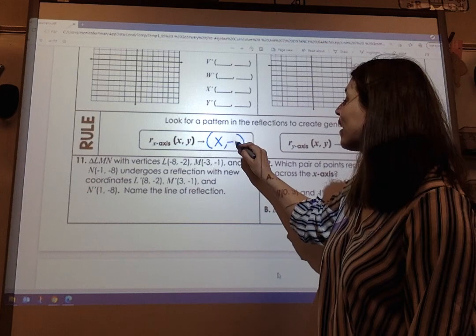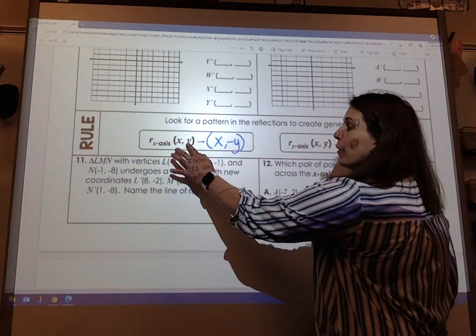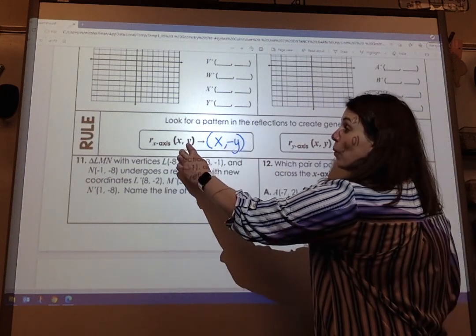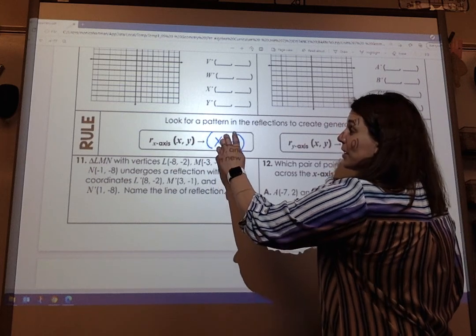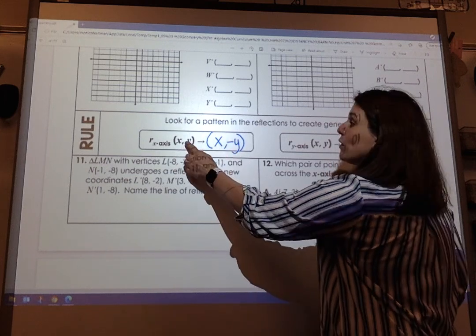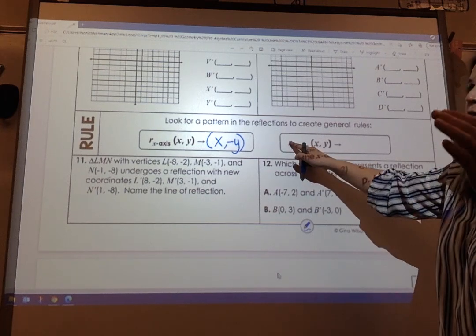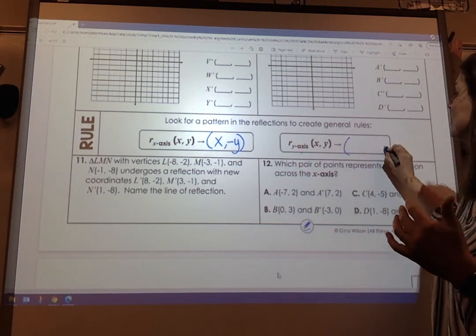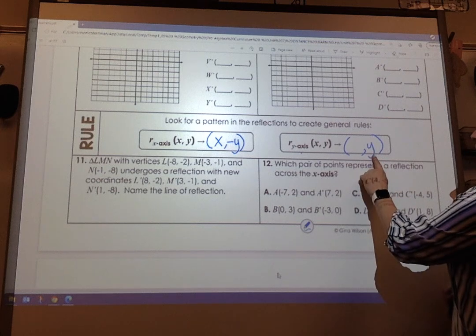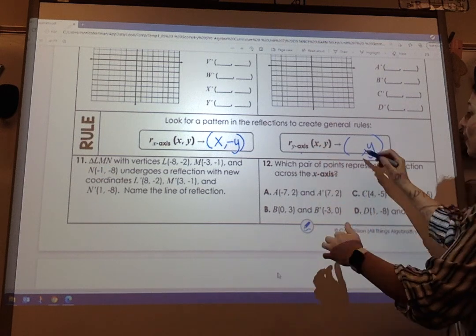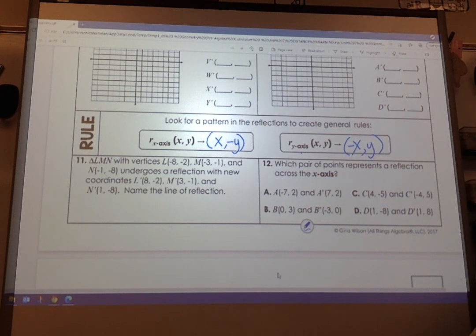It's the y value that changes. So if it was positive, it's going to be negative. If it was negative, a negative times a negative, that value would become positive. That's why this means opposite. And if it's reflected over the y-axis, my y value remains the same. It's my x value that is the opposite.